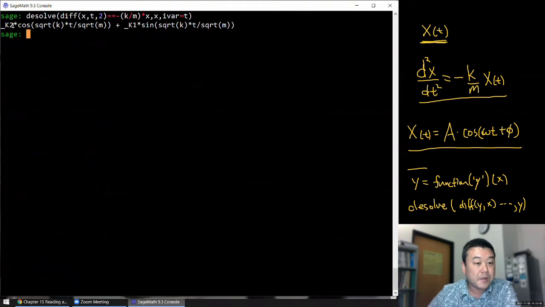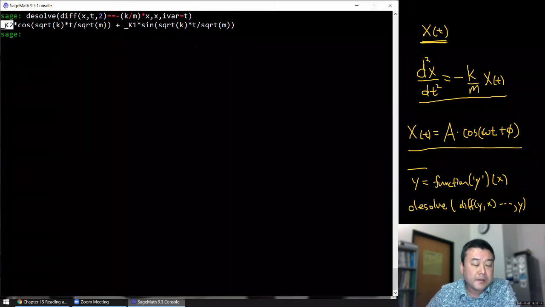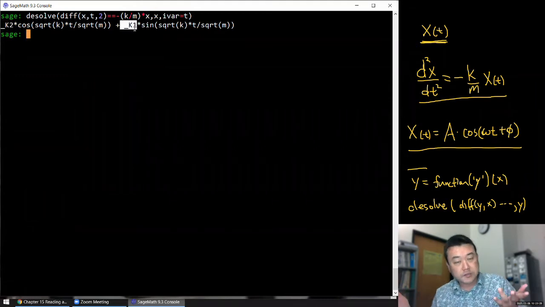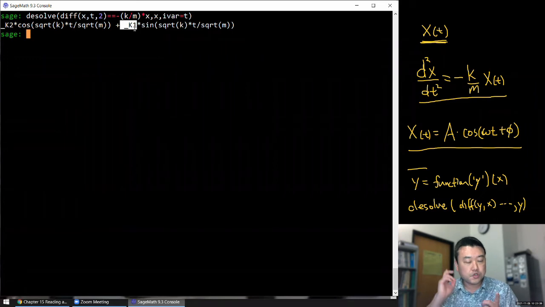It's giving these parameters, what do you call it, they are related to integration constants. I don't know the terms for this, but both of these, underscore k2 and underscore k1, are coefficients. They are usually constrained by the initial condition.